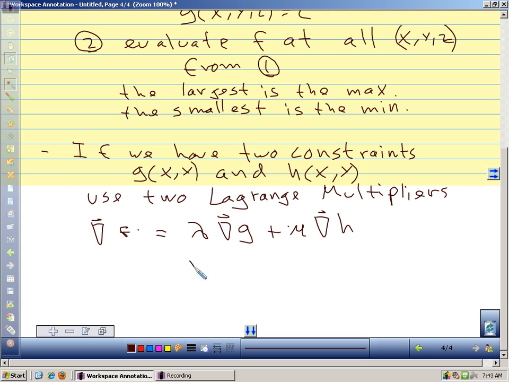And for this condition, we have to have del g not parallel to del h. So if we have more than one constraint, we just add another term to our equation for Lagrange multipliers. We end up with two Lagrange multipliers.